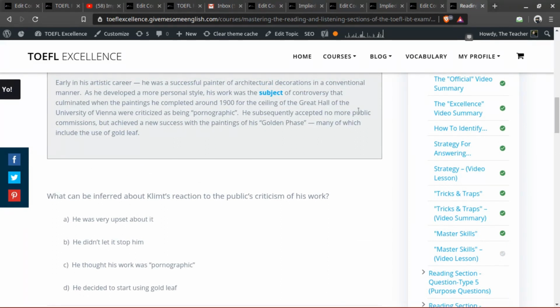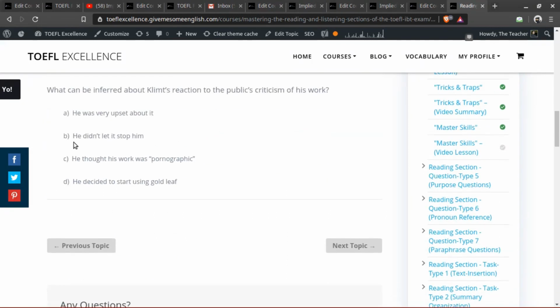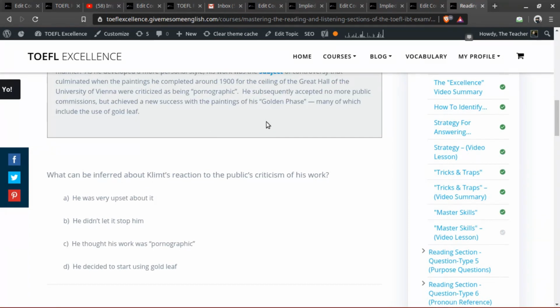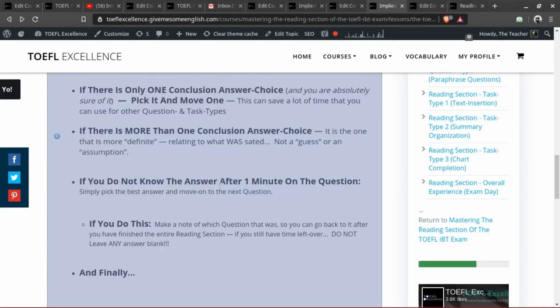He was criticized, but then afterwards he achieved success, so then it is implied that he did not stop. It's not possible to achieve success after you stop doing something. Well, at least not in this particular case. So if there is more than one conclusion, it is the one which is more definite, and it's not a guess and it's not an assumption. It is related to information that was stated, but it is still a conclusion based upon that information.